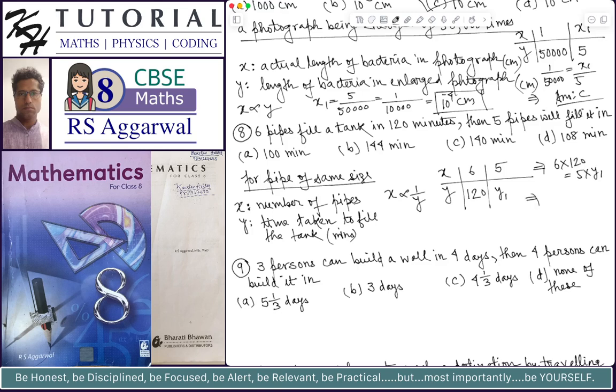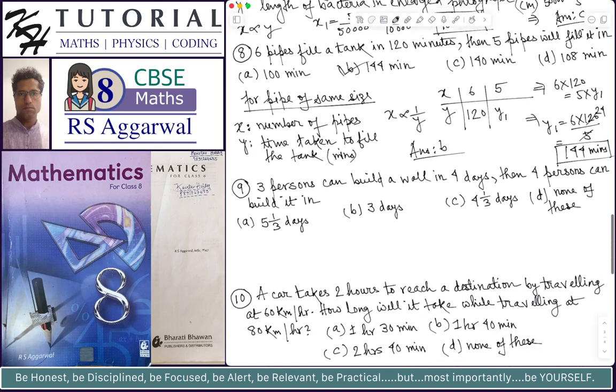So this implies y1 is equal to 6 multiplied by 120 divided by 5. So this is 24, and this is 144. So 144 minutes. Okay. So the answer is 144 minutes, and hence the correct choice is B. B is the correct choice.